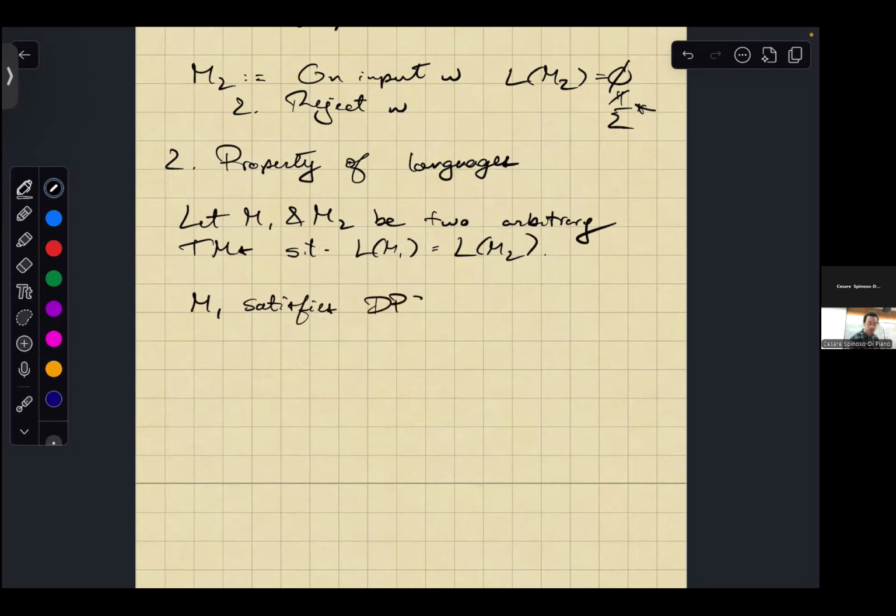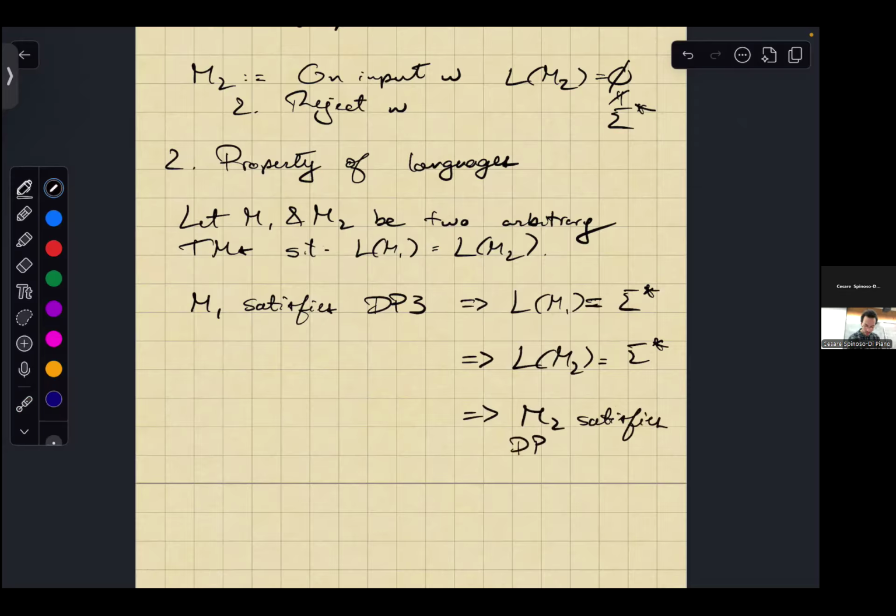of decision problem 3. What does that mean? That means that L of M1 is equal to what? Sigma star, thank you. Because L of M1 is equal to L of M2, that means that L of M2 is also equal to sigma star, which means that M2 also satisfies the property of decision problem 3.